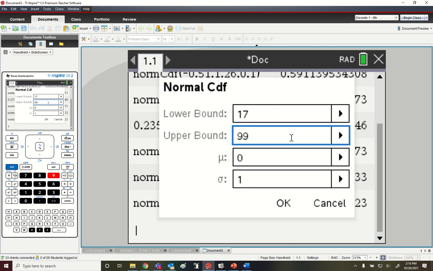So I'm just picking a big number far to the right to make sure all my data is going to be included. What was the mean and standard deviation? 3. Now, it doesn't matter about this number right here, especially if it's going all the way to the right. It just needs to be big, a lot bigger than what I have here.